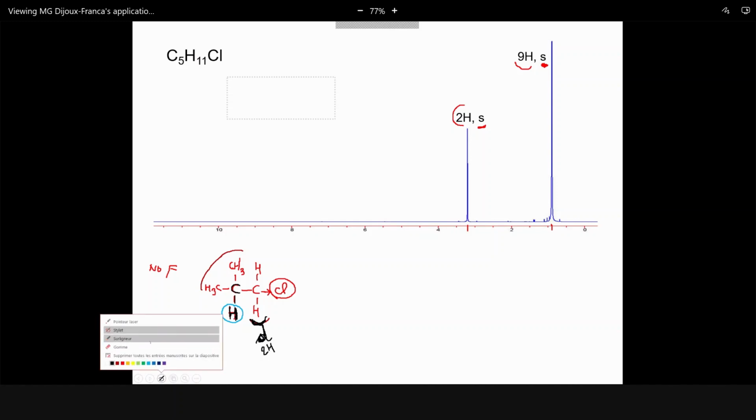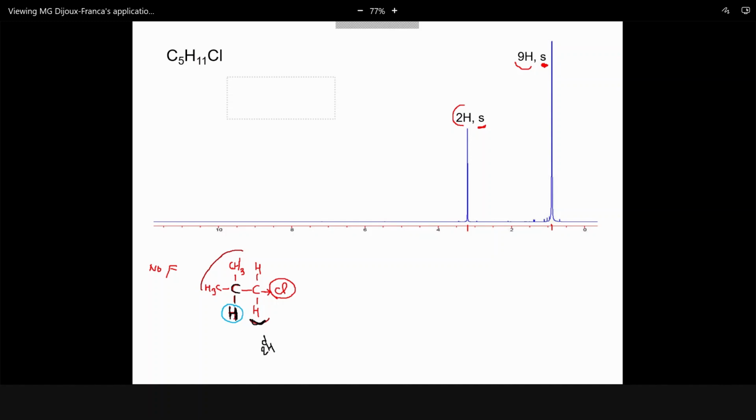Yes. Is it okay for you? Yes, it's okay. It's a doublet here. For the two methyl groups, do you agree with me that they are equivalent, both of them? Yes.